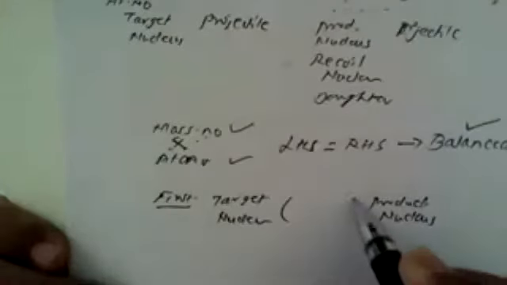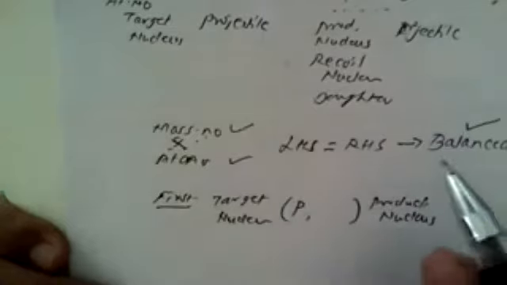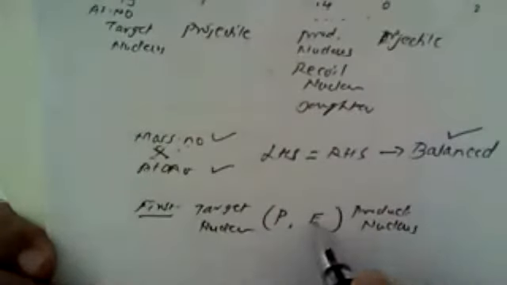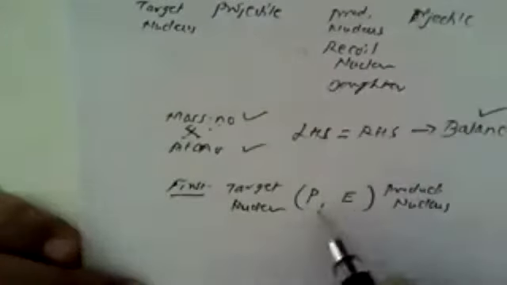In between these two, the projectile and the ejectile are written with a comma. So, P stands for projectile, E stands for ejectile.